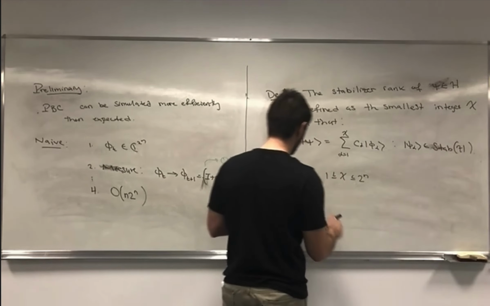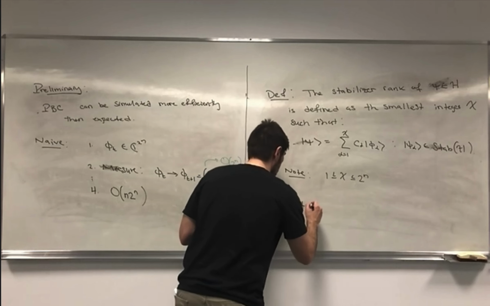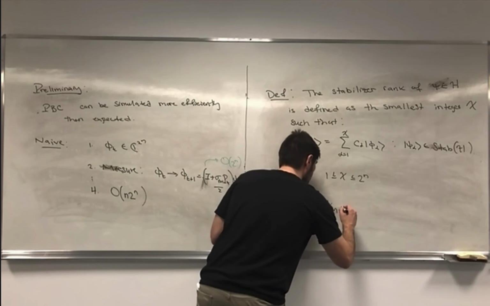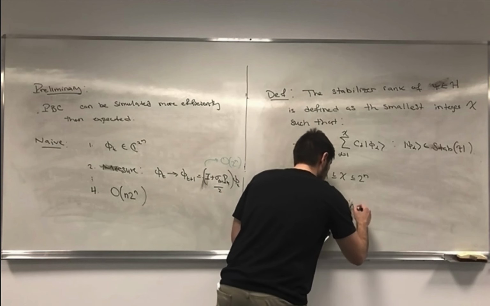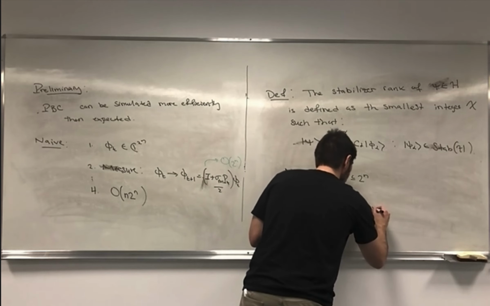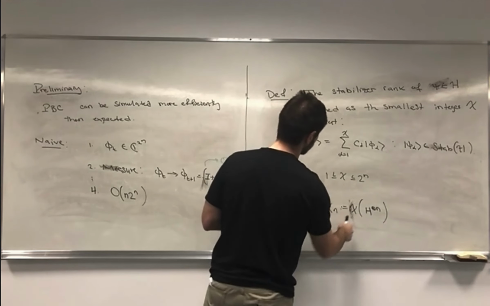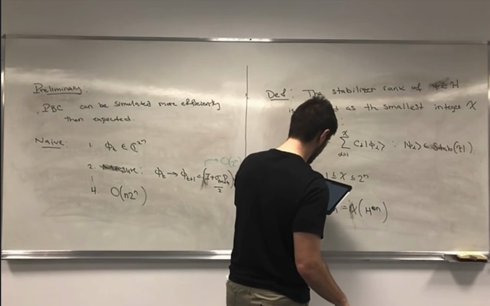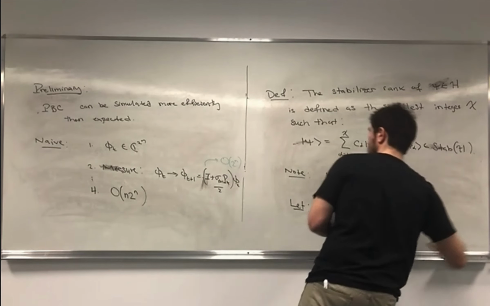Also, some notation: we define chi n to be chi of h to the n, the stabilizer rank of n tensor factors of the magic state. And I wrote that down before.